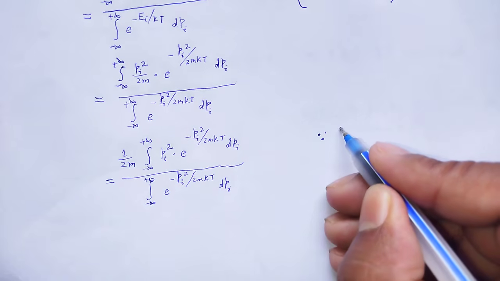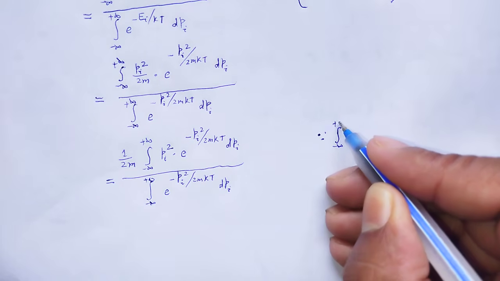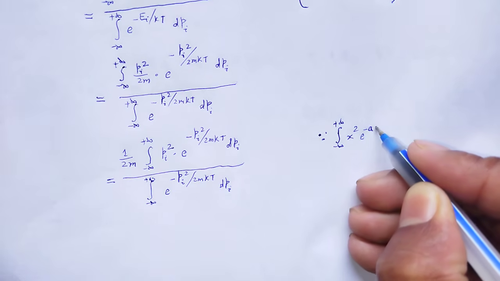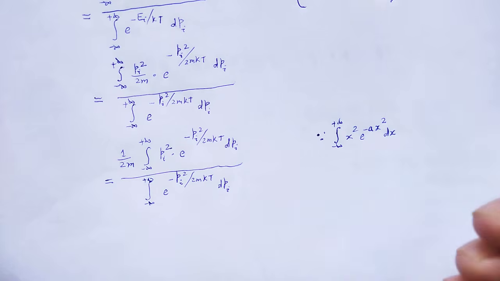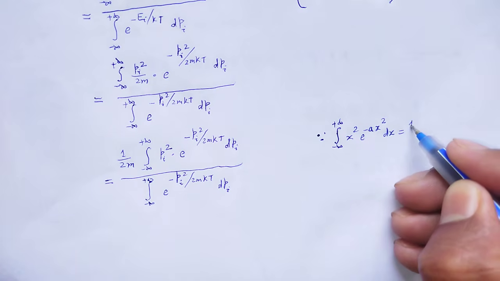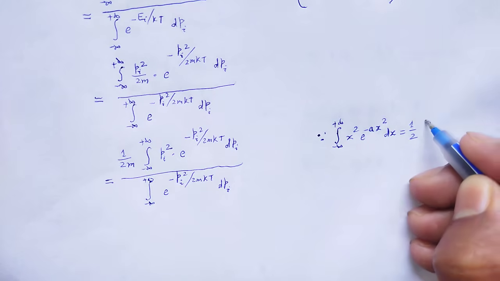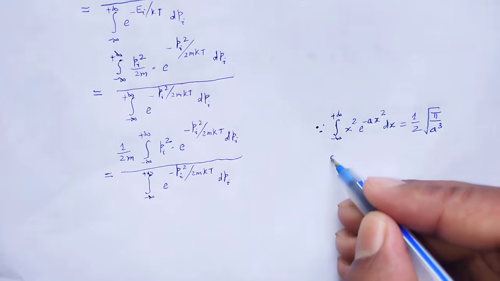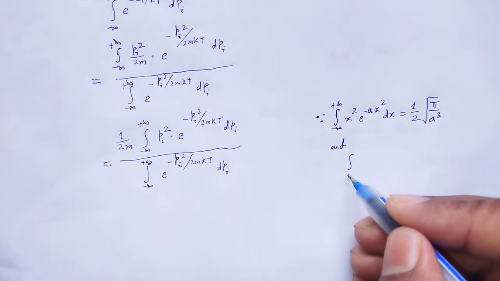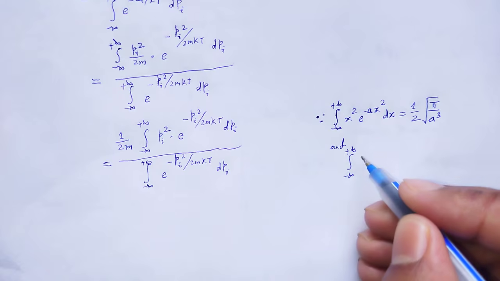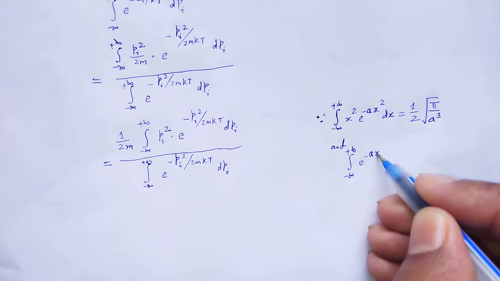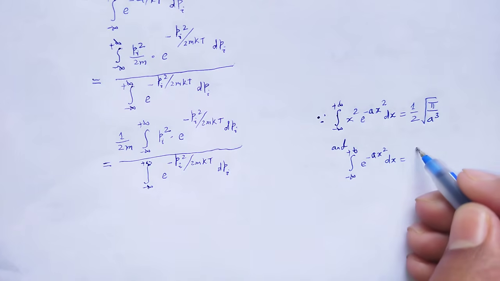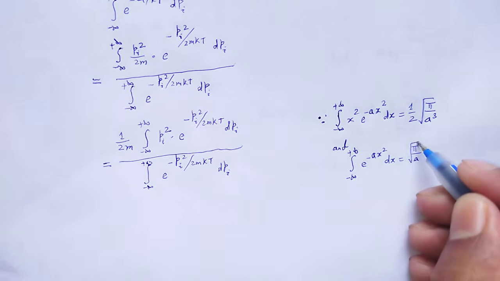We use the standard integral minus infinity to plus infinity x square into e to the power minus a x square with respect to dx, the result is 1 by 2 under root of pi by a cube, and integration over minus infinity to plus infinity e to the power minus a x square dx, where a is a constant, is pi by a under root.